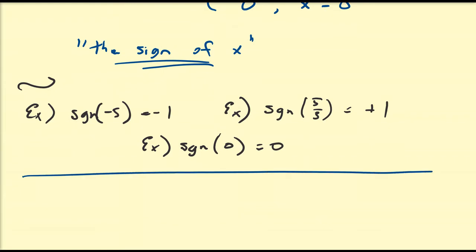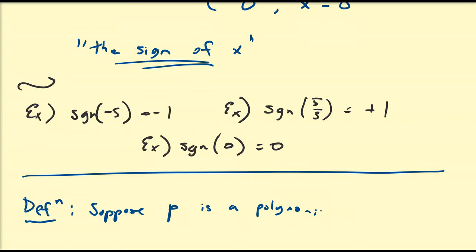All right, so with that function defined, let us also define a new term that we're going to use. Definition: let us suppose that P is a polynomial with coefficients.